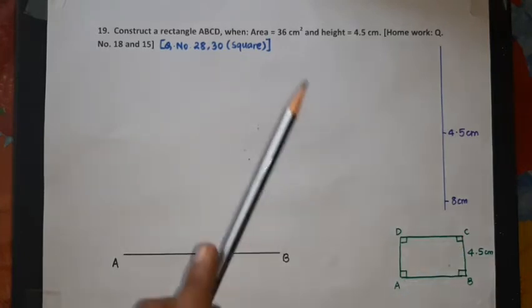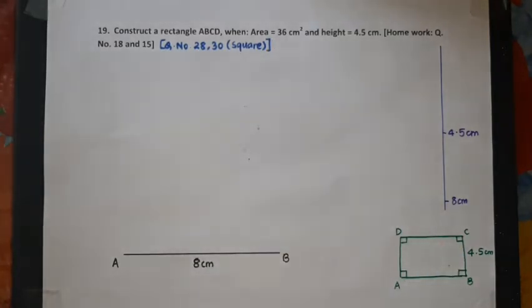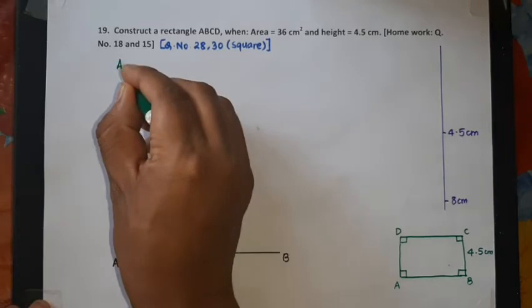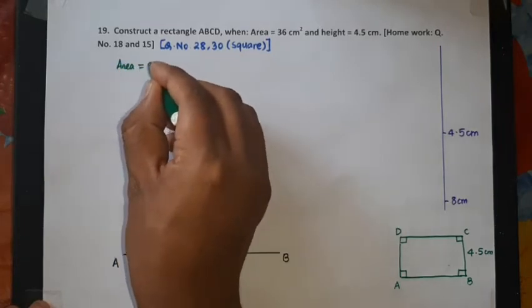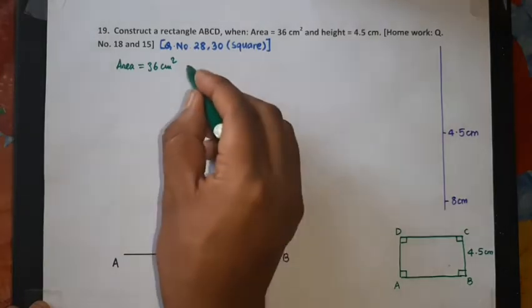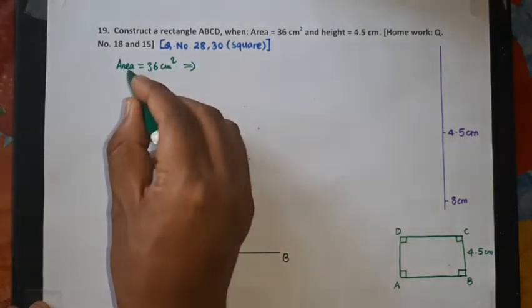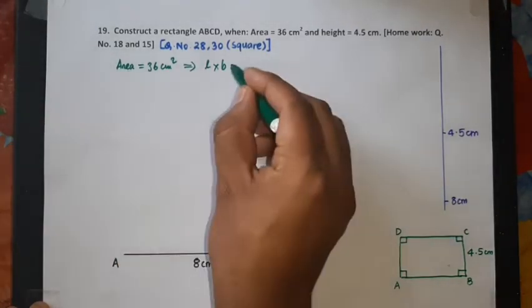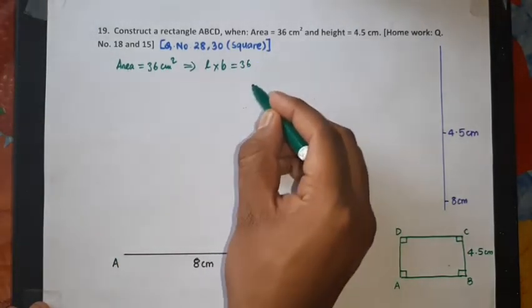So that's why here I'll make use of mensuration. Through mensuration we know that area, which is 36 centimeter square, can be written as length into breadth. So length into breadth is equal to 36.